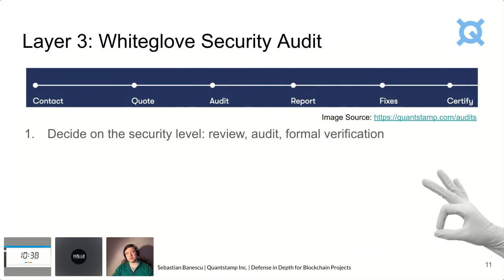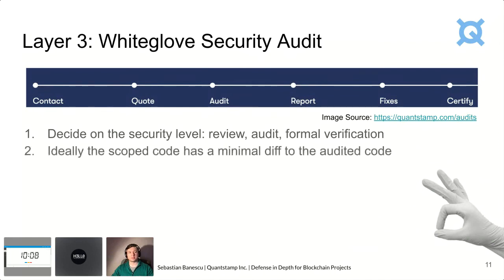If you want to do just a high-level review, if you want just a manual audit looking through each line of code, or if you want very formal stuff like a formal verification of your code, these are definitely very different grades of security that you're employing there, different amounts of effort required, and probably a different timeline, right? So we can do all of these, and you need to say this up front before we can start making the quote and everything else.